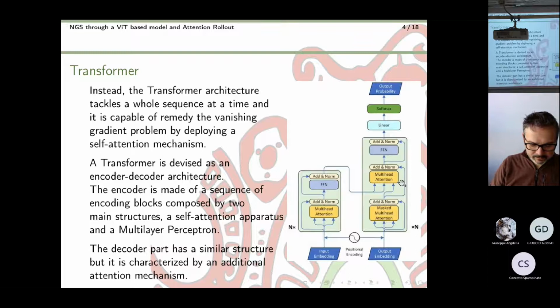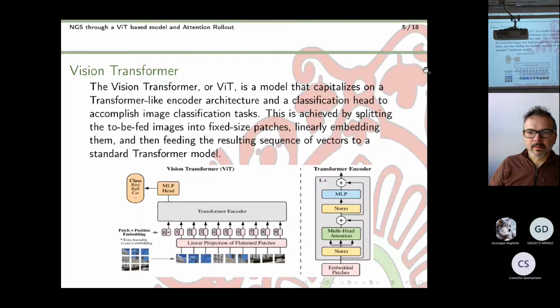And it's worth remembering that the multi-head attention layer has the role of quantifying the importance of each token with respect to every other token of the sequence we fed into our model. And at the end, we have the classical classification head, because after all, our model aims to classify, so we need a classification head.